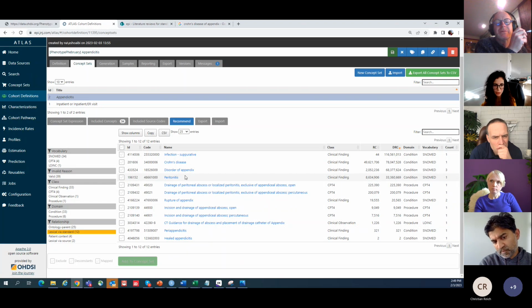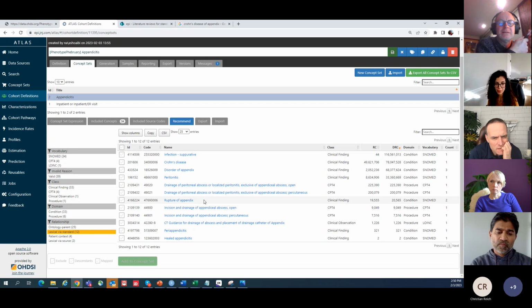I see here disorder of appendix. Okay, yeah, that might be. And then here is rupture of appendix. Yeah, and that is a good count. That is something I could look at. So take a note that we have rupture of appendix.